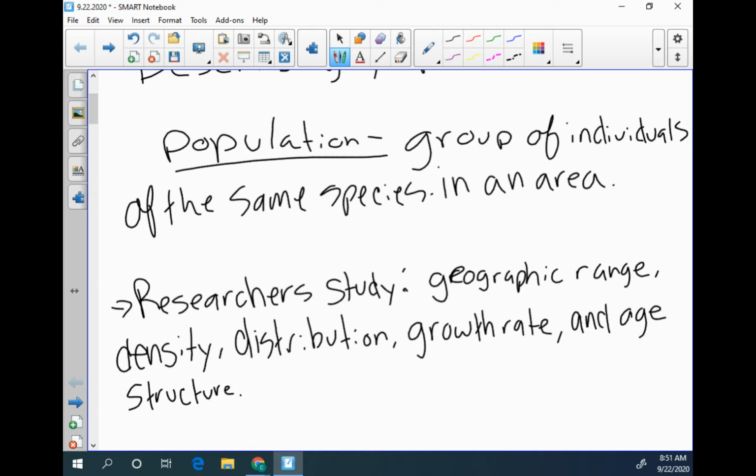So all of these things come together to denote how a population is studied.